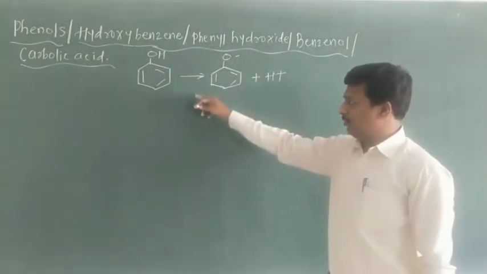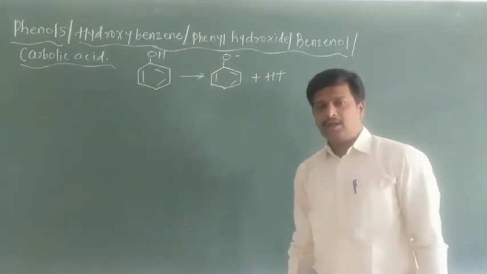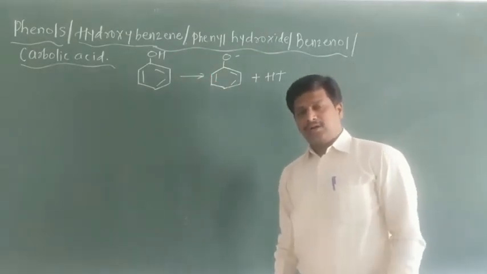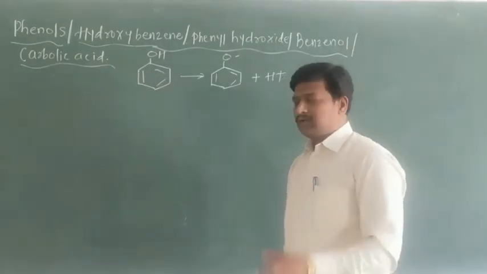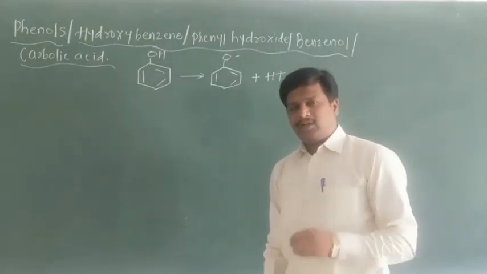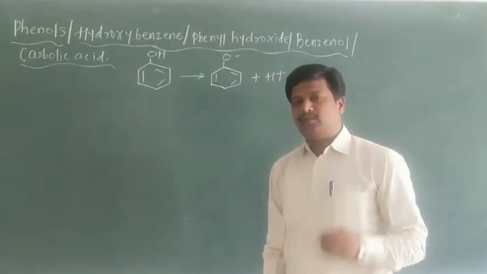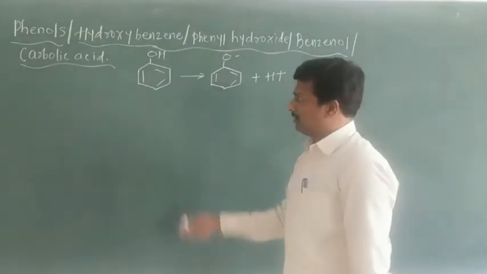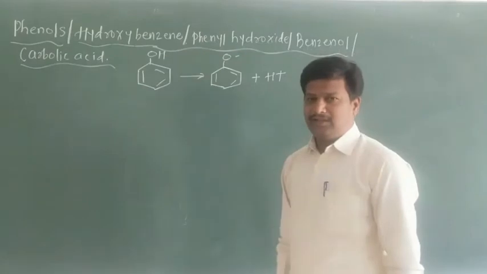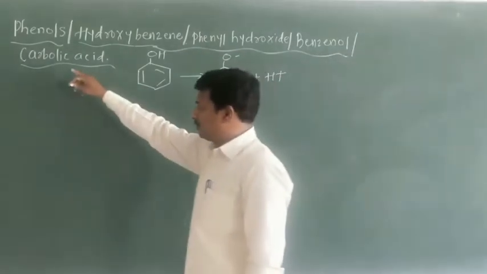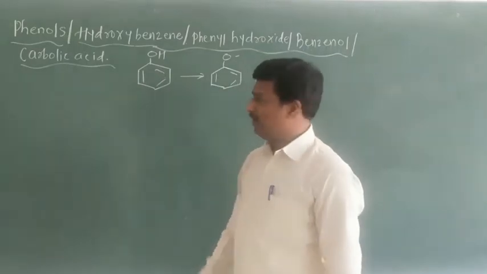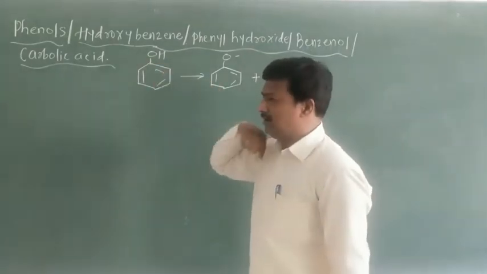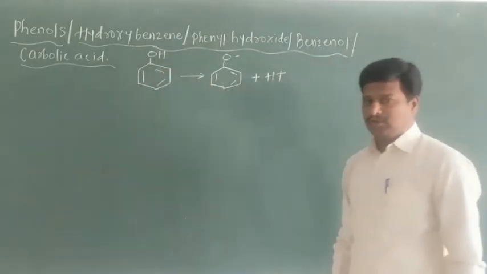Therefore, phenols are also known as carbonic acid. Or in another sentence, phenol contains about 5% water. Therefore phenol is acidic in nature, and therefore phenol is also known as carbonic acid. So this is the reason why phenols are also known as carbonic acid.